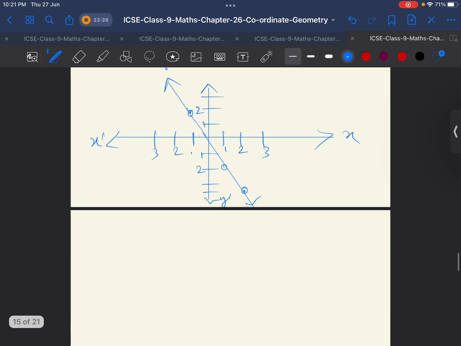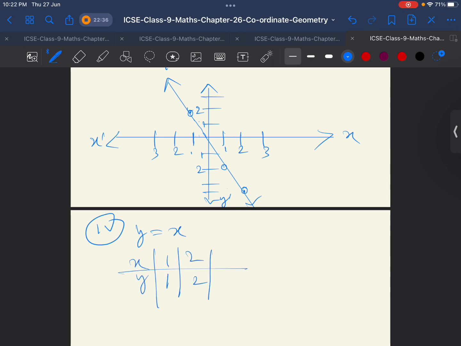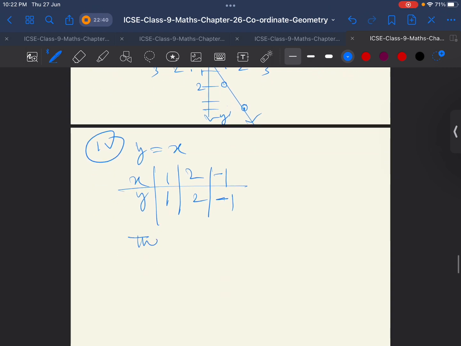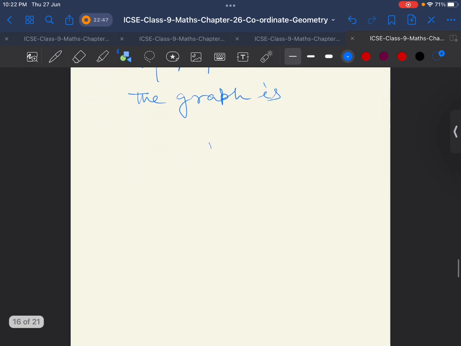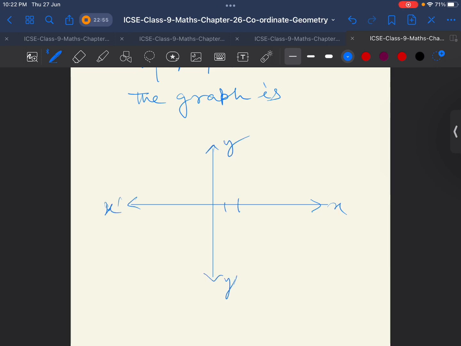This is the straight line. Okay, now question 4, y equals x. The table is here: 1, 1; 2, 2; and minus 1, minus 1. So the graph is x dashed, y dashed.